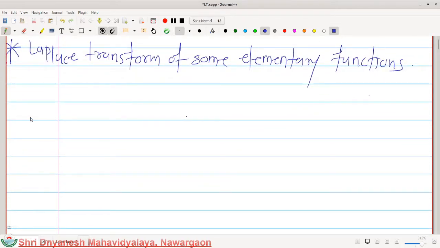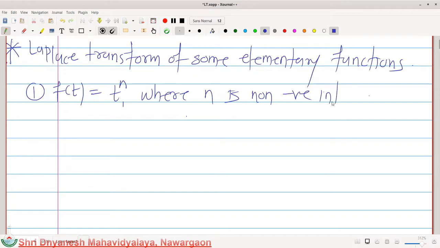So let us take first function as t to the power n. Number 1, f of t equals t to the power n, where n is a non-negative integer.